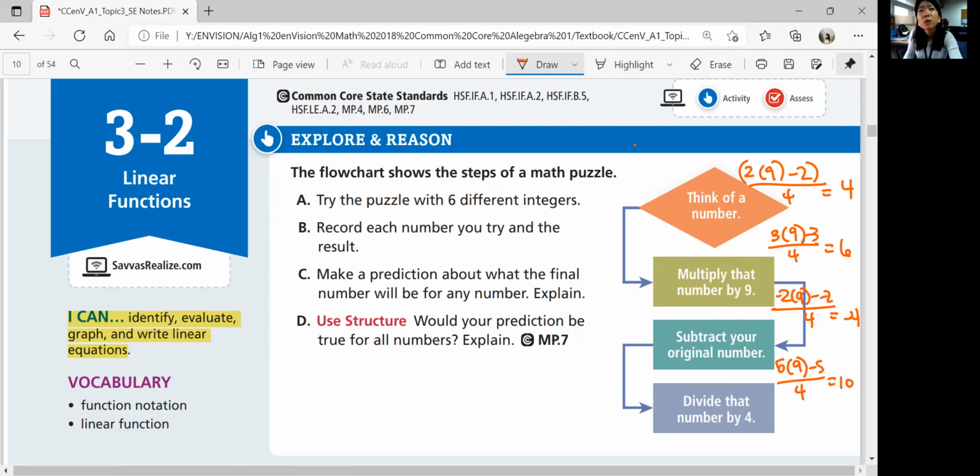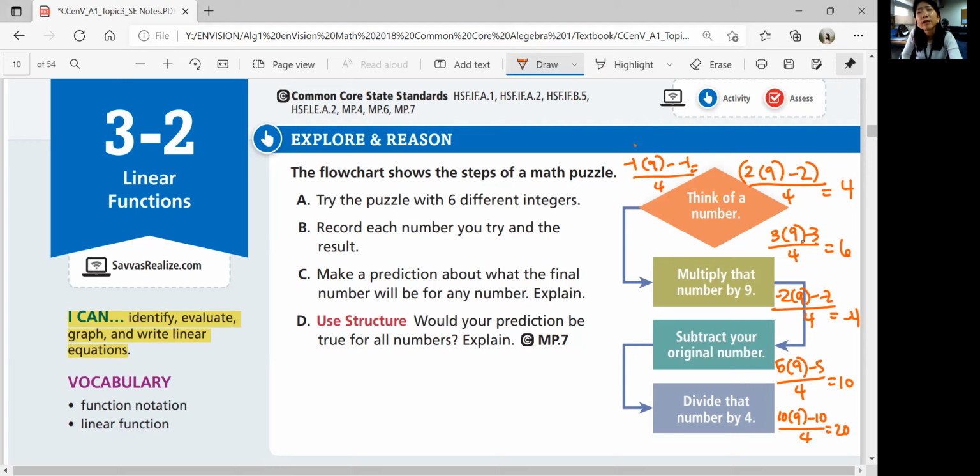You can record each number you try and the result. I'm going to do 10 next. And I have 90 minus 10, 80 divided by 4 is 20. And then negative 1 times 9 minus negative 1 is plus 1.